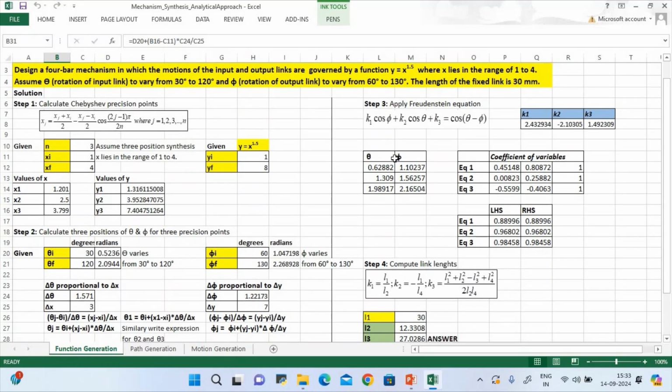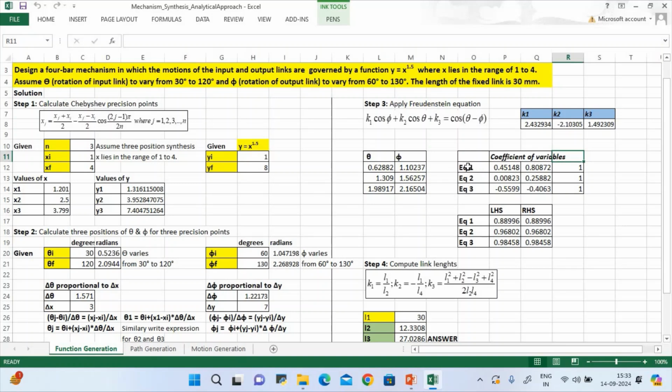We have written these theta and phi values collectively in a single place so that it becomes convenient to calculate the coefficients of the variables. If we wish to solve this equation, there are three variables, k1, k2 and k3, which we have to find out. The coefficients for k1, k2, k3 we are going to write down in this tabular form.